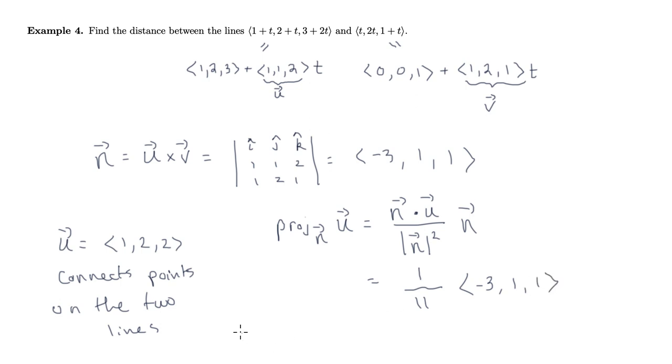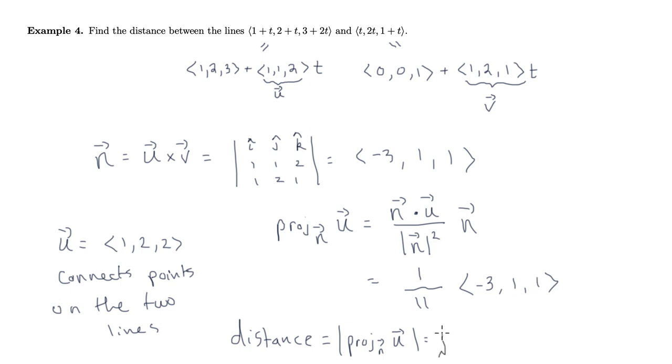Okay, but the distance is going to be the length of this vector. So that's literally the vector that gives the shortest distance. And so the distance is just going to be the length of this vector. Which is, okay, so the components are 3 over 11, 1 over 11, and 1 over 11.